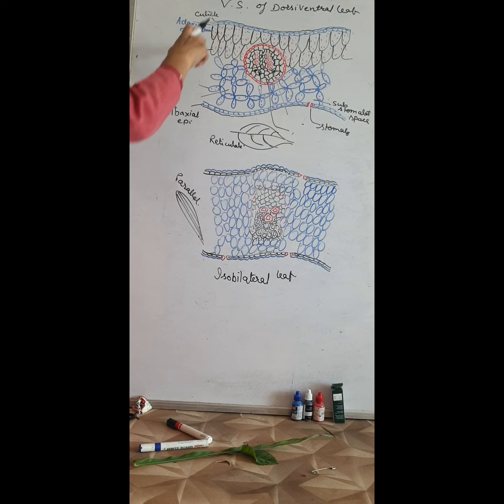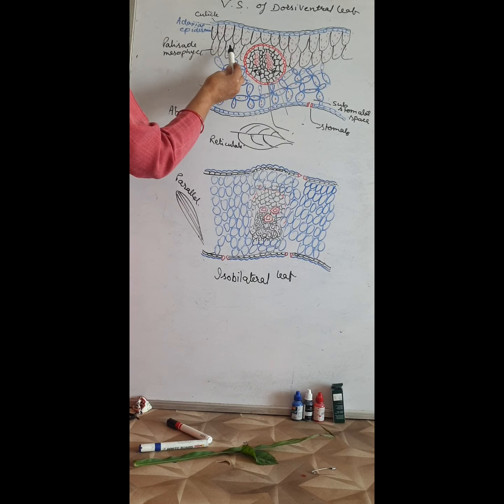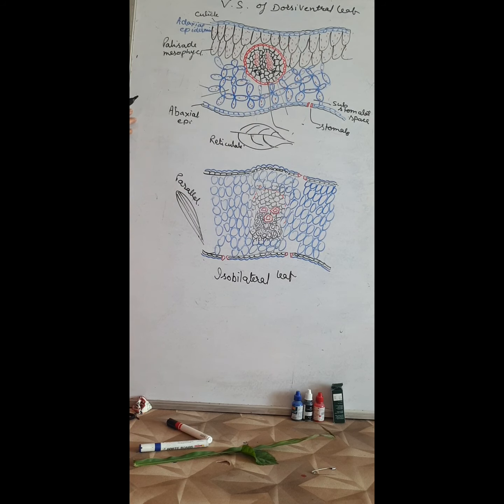The tissues between the two epidermis, that means between the adaxial and abaxial surface, are the mesophyll cells. The mesophyll cells are of two kinds. These are the palisade mesophyll. These tissues are elongated and vertically arranged and contain more chloroplasts that help in photosynthesis.